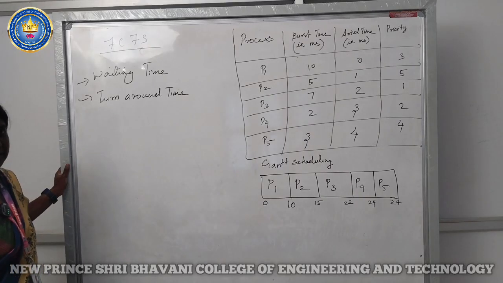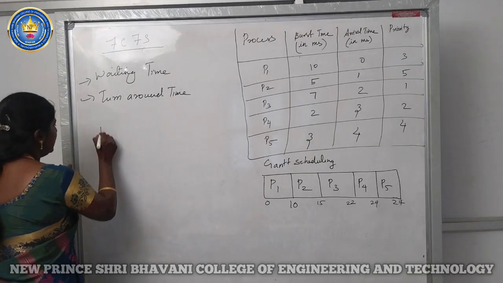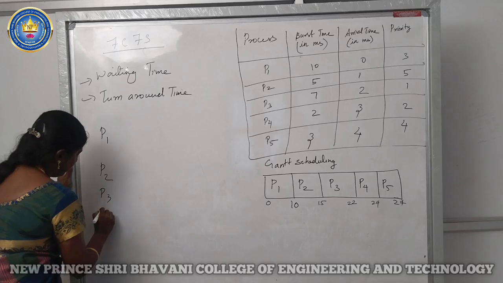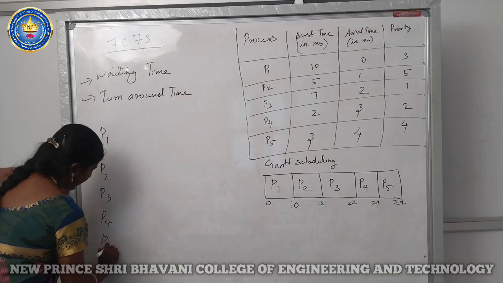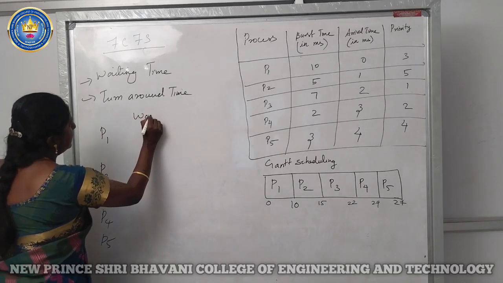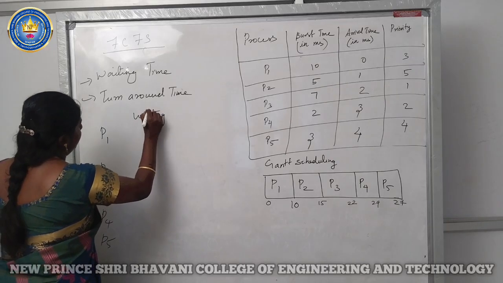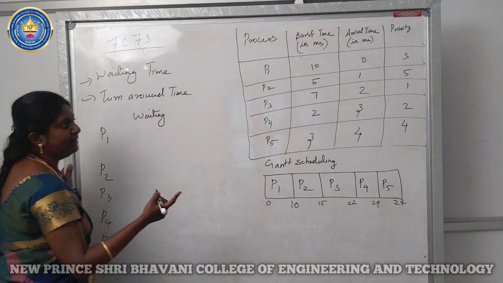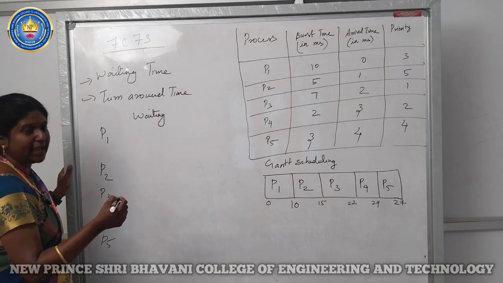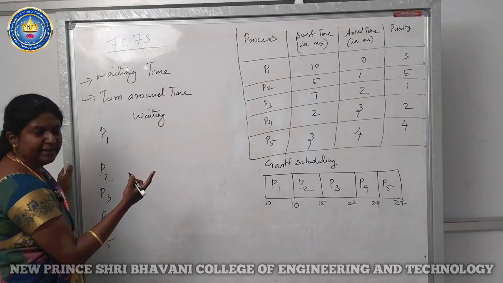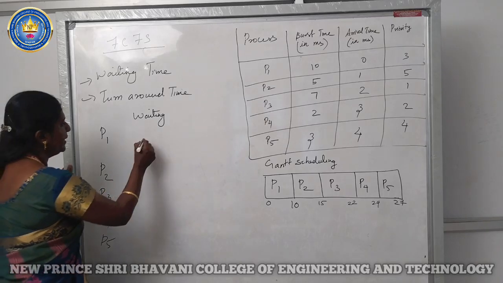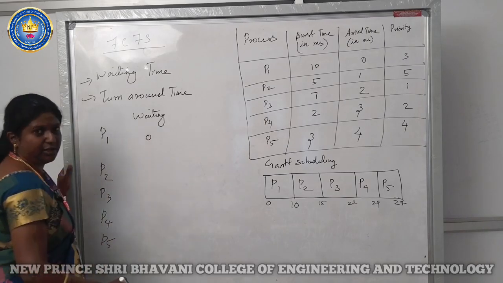We have to calculate that for each process, P1, P2, P3, P4 and P5. For P1, the process entered at 0 milliseconds, so there is no waiting for CPU allocation. So the waiting time is 0.